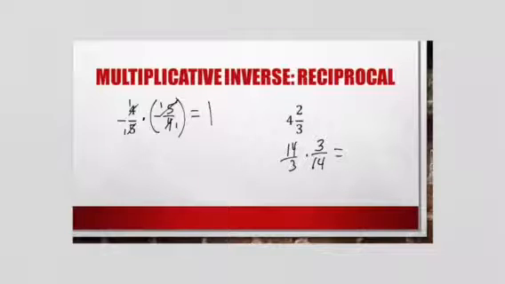And when I multiply those together, I can either multiply them straight together, and I will get 14 times 3 is 42/42, which is 1. Or if you want to just simply factor out ahead of time, you can also get 1. So we're looking at reciprocals. The multiplicative inverse is really kind of a fancy word for reciprocal.